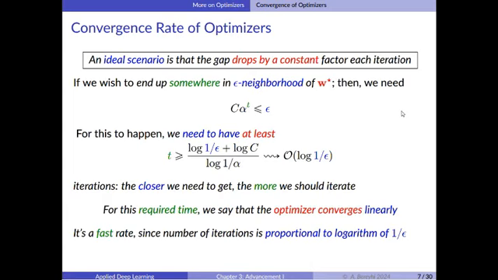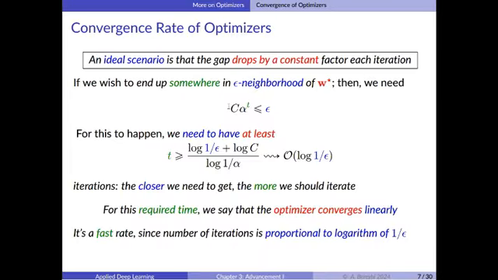If we take the log of both sides, we would have log of c plus t times log of alpha being less than or equal to log of epsilon. Let me see what's happening here.